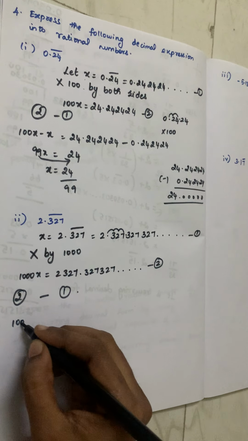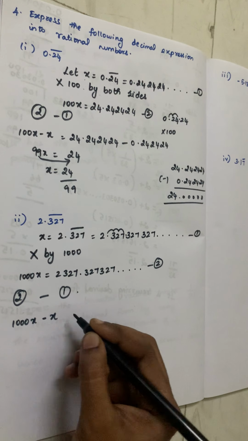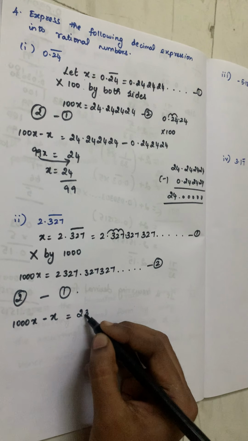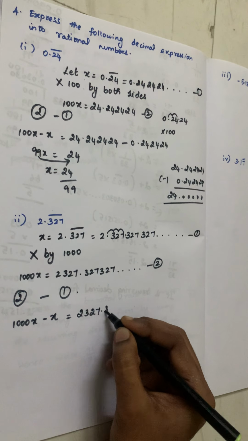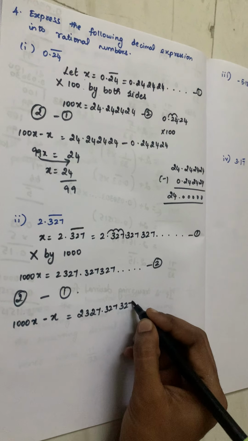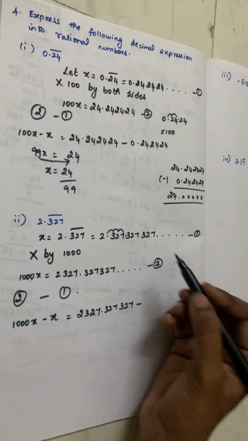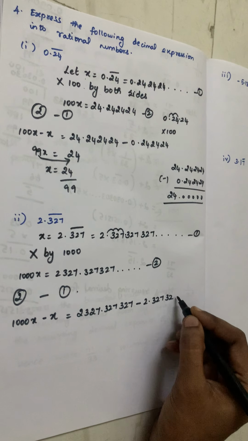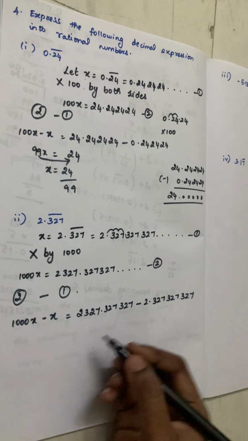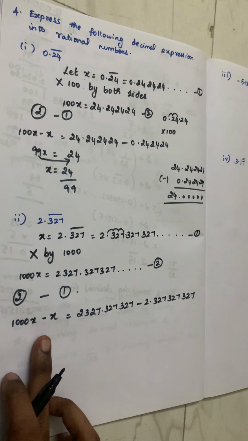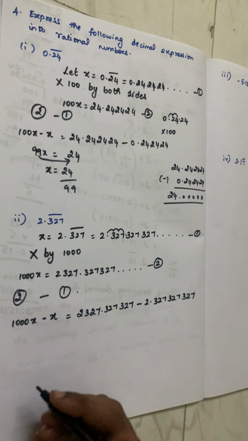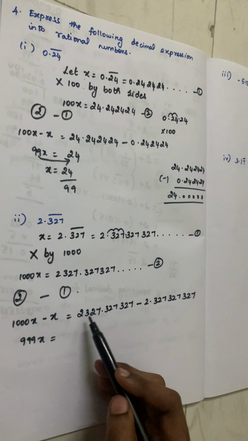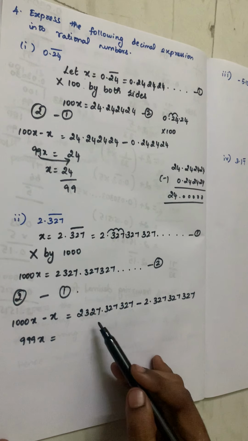So 1000x minus x equals this equation 2, 2327.327 minus the right-hand side 2.327. As many as you want you can write. So 1000 minus 1 is 999x equal to this. You have to subtract.